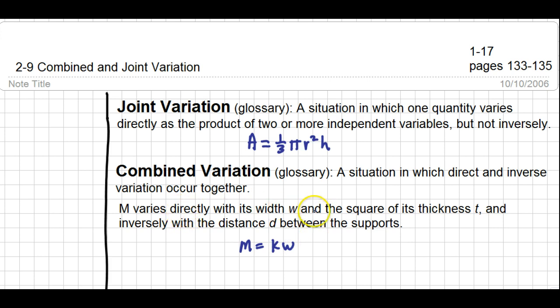The directly here goes with the word and, so we say directly with its width and the square of its thickness t. So the w and the t need to get multiplied by k. Don't forget to square the t. And then inversely with the d, so we need to divide all of those by d. So now because we have direct and inverse occurring together, we would call that a combined variation situation.